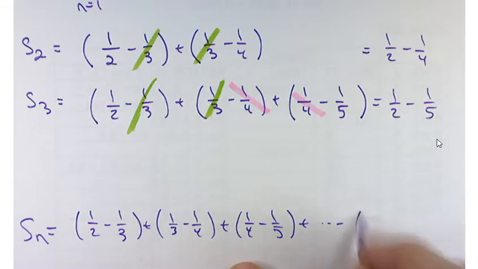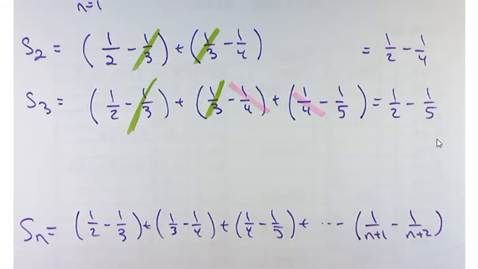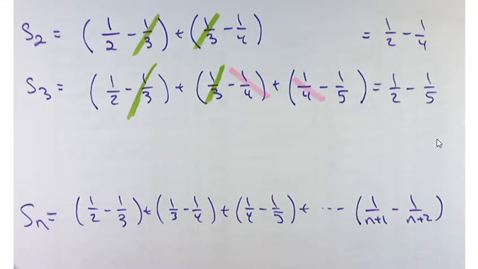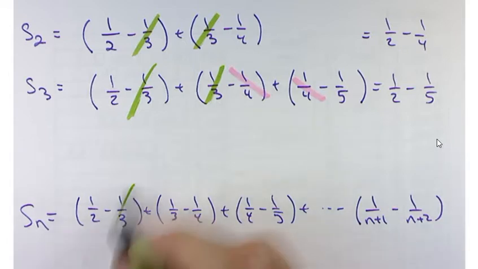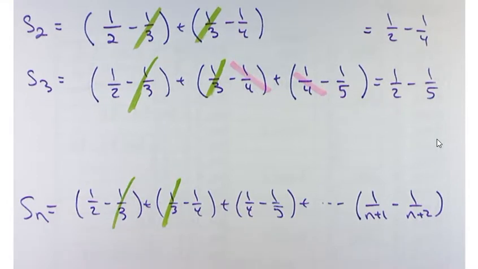Now what's the nth term going to be? Well, it's just going to be this at n. So it's going to be 1 over n plus 1 minus 1 over n plus 2. The question is, what's going to be left? Good. These terms are going to cancel out, and the pattern that you can and should be seeing is that what's left is just the first and last terms.